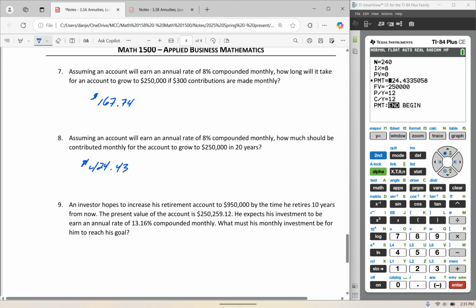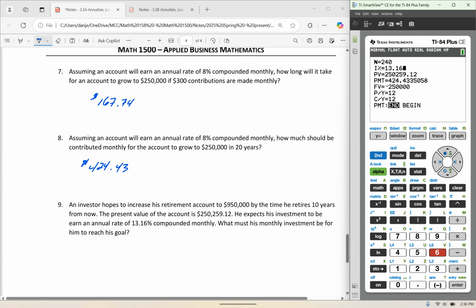Okay? Number 9, an investor hopes to increase his retirement account to $950,000 by the time he retires 10 years from now. The present value of his account is just over $250,000, $250,259.12. He is expecting his investment account to earn 13.16% interest.